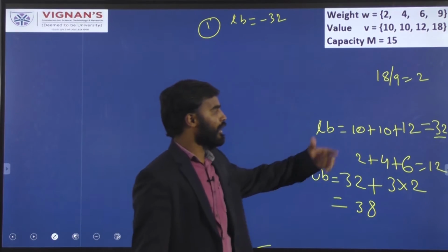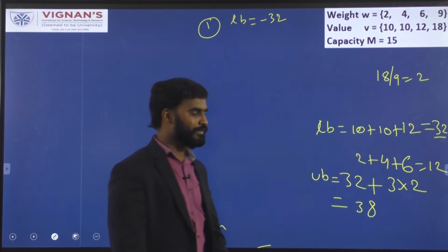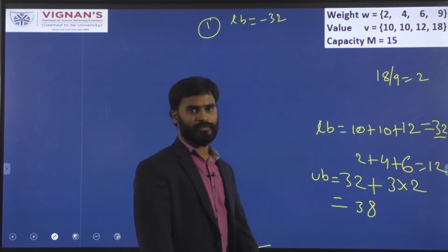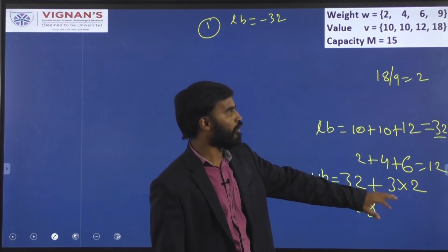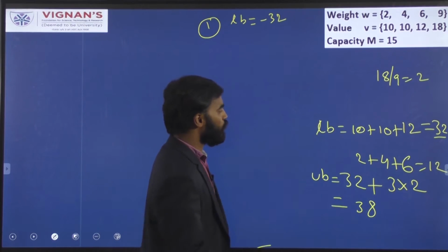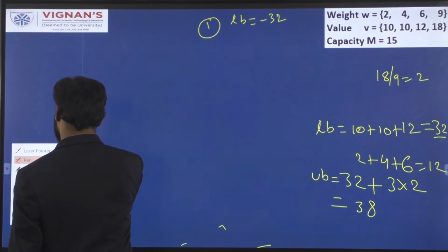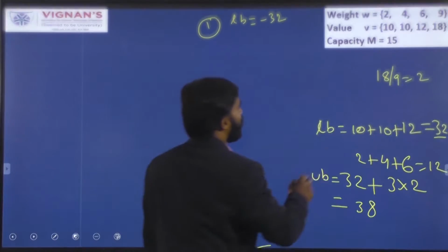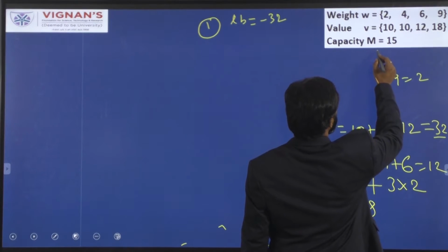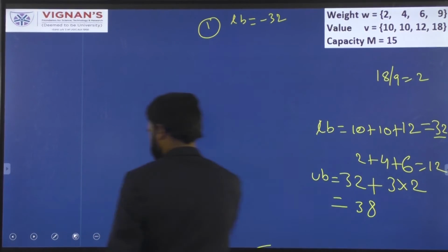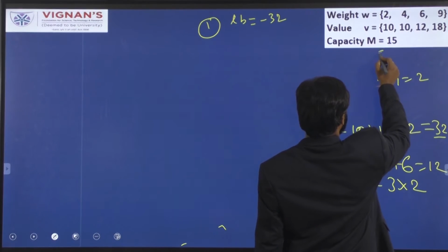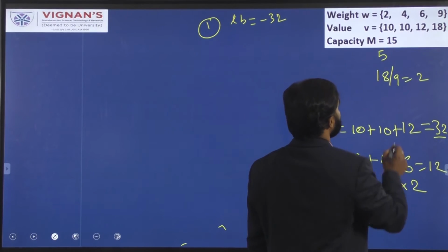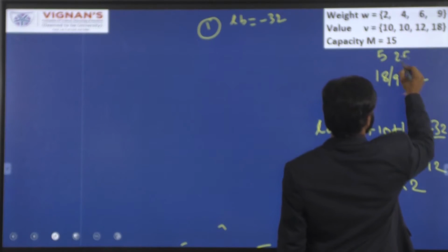The lower bound is without including fractional items, and the upper bound includes fractional items. The upper bound is the value of the current selection plus the remaining weight into the profit of the next available item. So it is better to calculate the profit of each item for 1 kg. The profit of the first item is 5 per kg. The profit of the second item is 2.5 per kg.